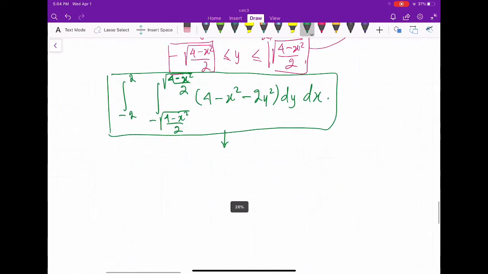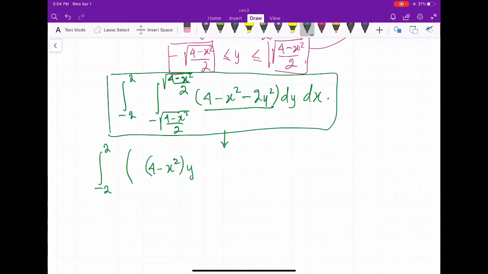I need to integrate the function with respect to y. Okay, so I have negative 2 to 2 right here. Here I don't have an integral anymore. I will find the antiderivative right away. So I have (4 minus x squared) times y, because 4 minus x squared is constant in this case, right?